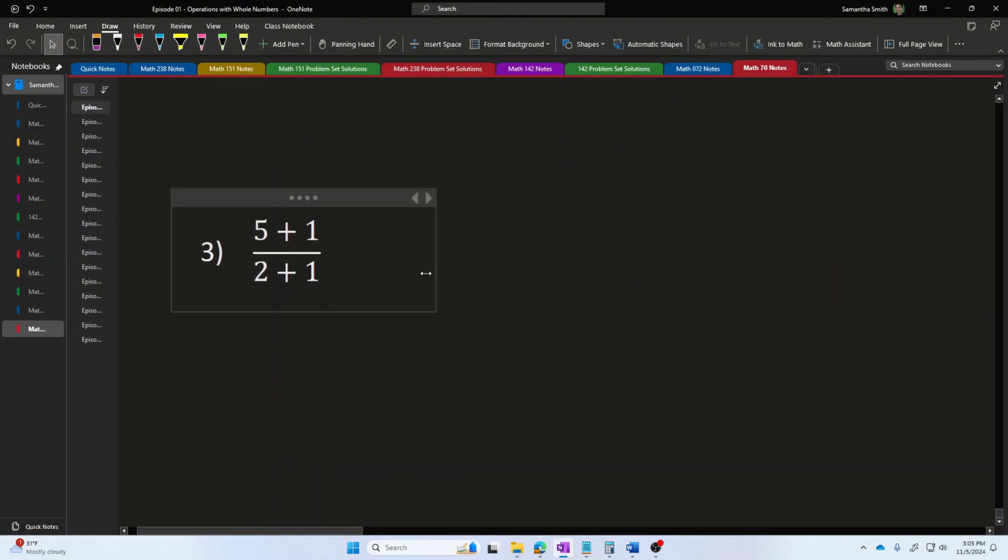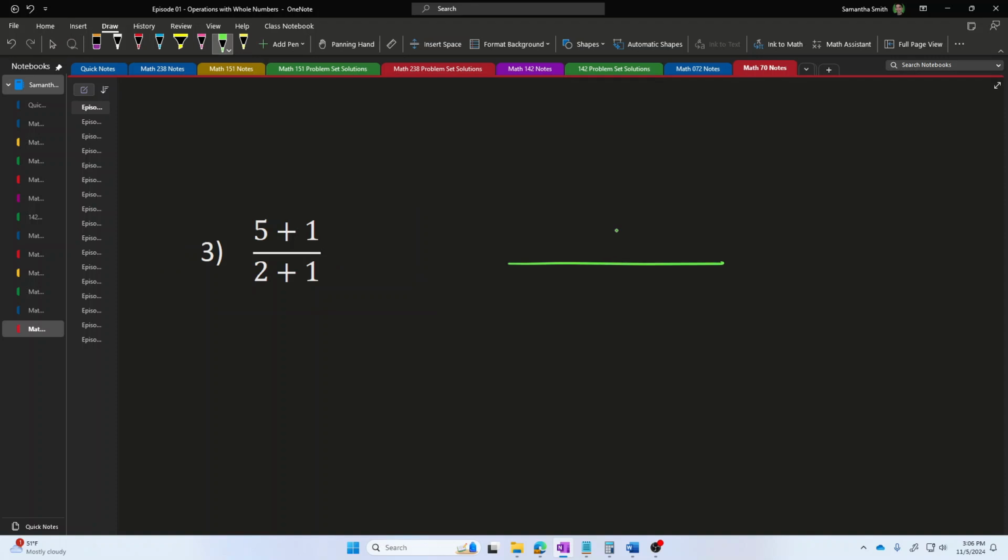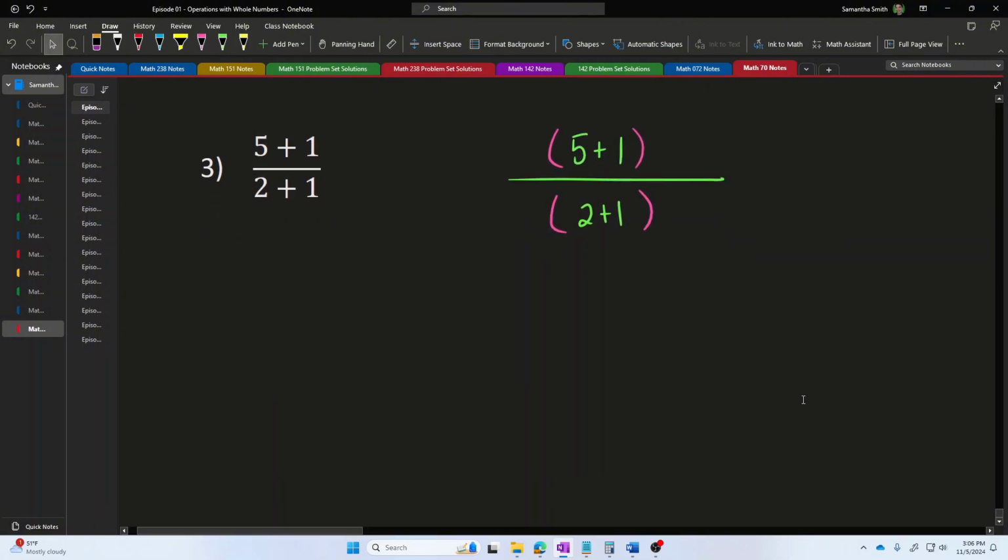As well, if you have a bunch of stuff in the top and in the bottom, then you should understand both of those quantities as being in parentheses, and as things that you should calculate separately before doing anything else.